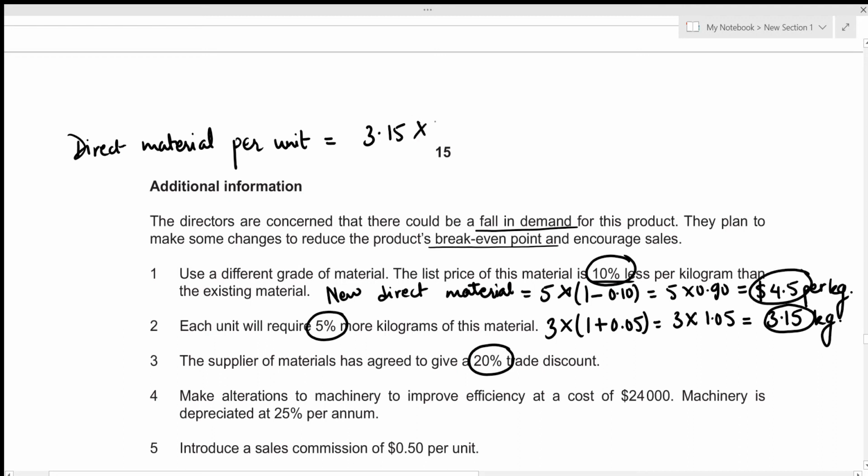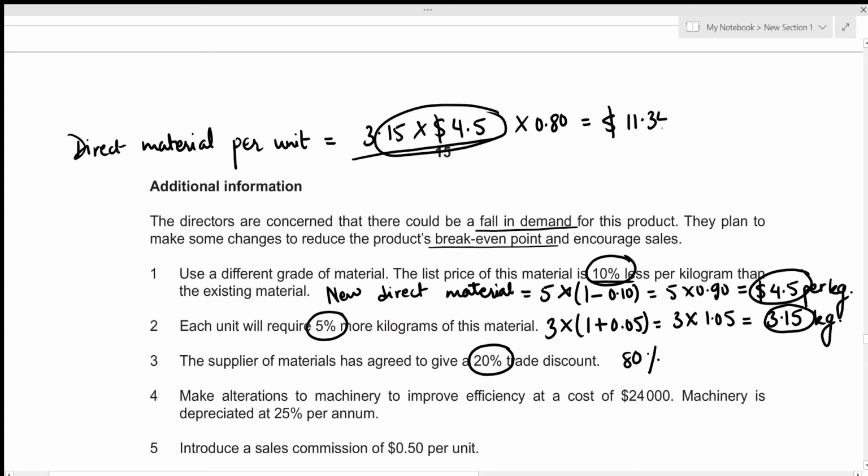So let's multiply it with 4.5. Now this will give our total direct material per unit, but what we also know is that we are receiving a 20% trade discount, meaning that we only pay the remaining 80%. So we will only be paying 80% of this cost. So we can just multiply it with 0.80, right? So this gives our new direct material cost per unit to be 3.15 times 4.5 times 0.80, which results in 11.34.